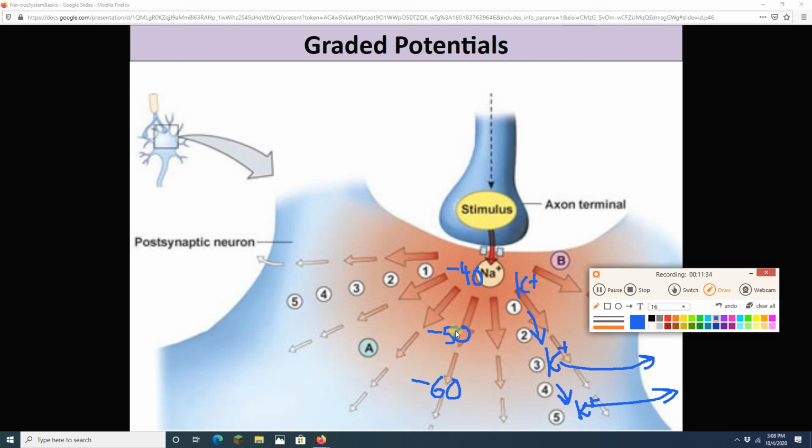Okay, this is how a graded potential works. We release neurotransmitters from an axon terminal. Sodium channels open. Sodium rushes in. That depolarizes this spot, shoves potassium onward, which depolarizes the next, and then the next, and the next. But that wave of depolarization gets smaller because some potassium leaks out. That is how a graded potential works.